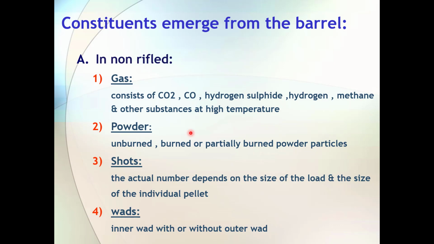Products of firing. After firing in a non-rifled weapon, four items are produced: gases, powder, shots, and wads. Gases consist of carbon monoxide, carbon dioxide, hydrogen, hydrogen sulfide, methane, and many other types of gases.